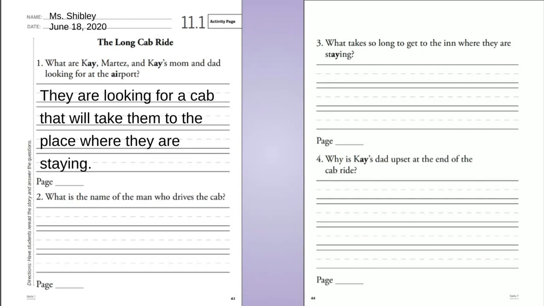Number 2. What is the name of the man who drives the cab? Awesome job for remembering. The man who drives the cab is named Carlos. Okay, turn your page over. Number 3. What takes so long to get to the inn where they are staying?